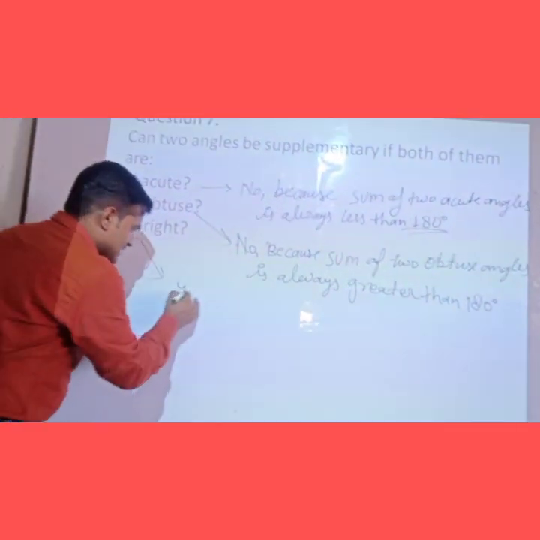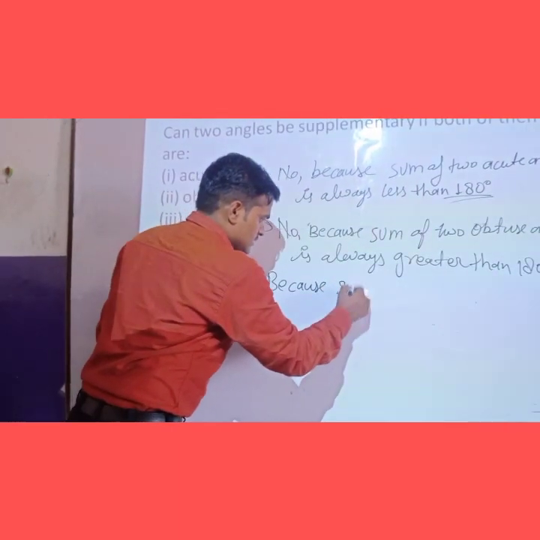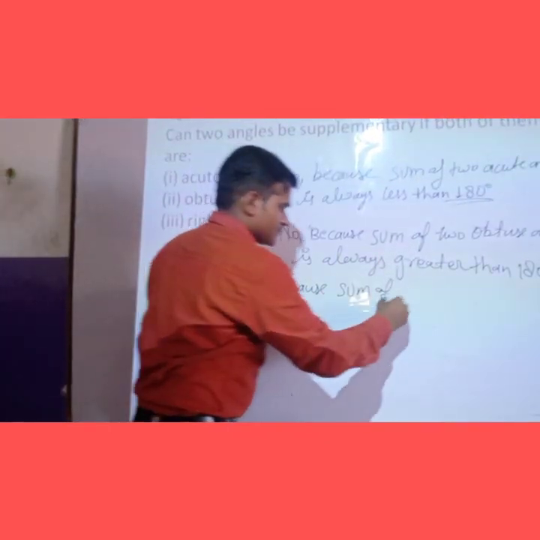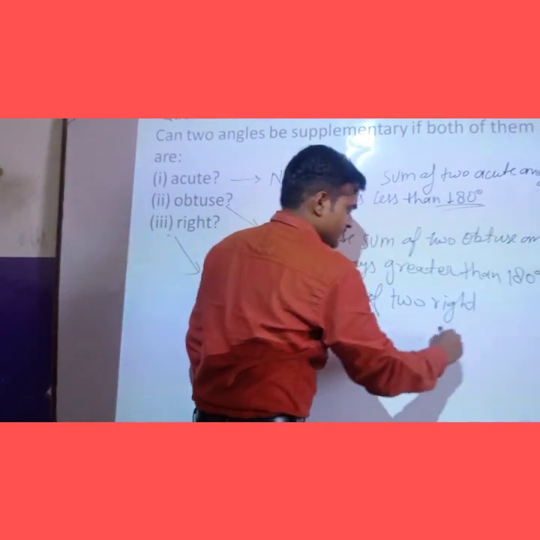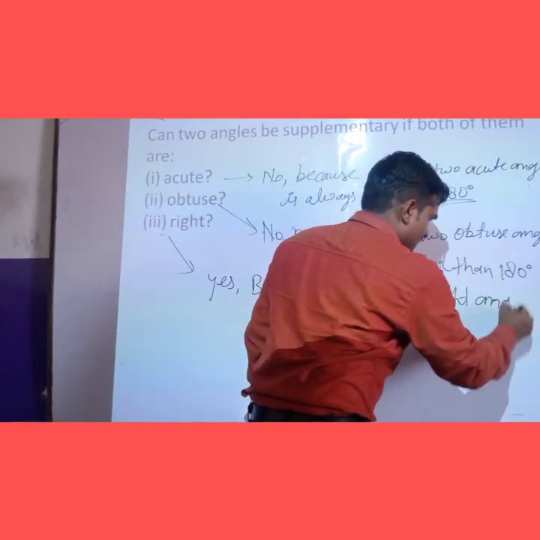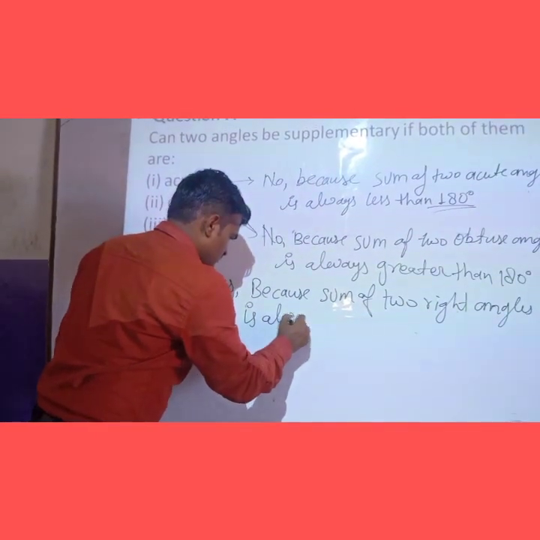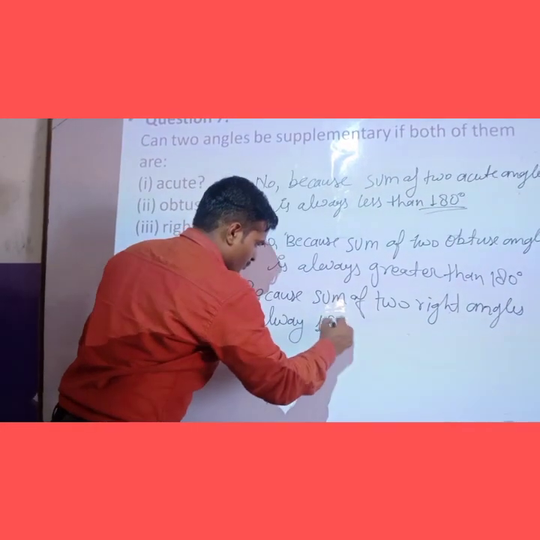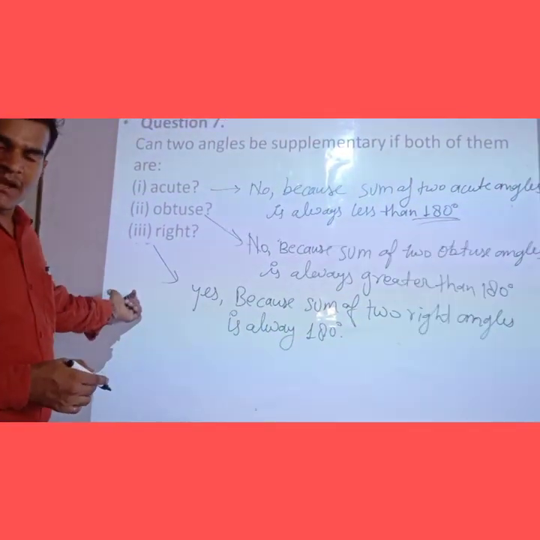So what will we write? Yes, because the sum of two right angles is always 180 degrees. That's why two right angles are supplementary.